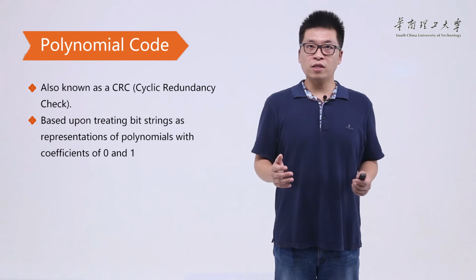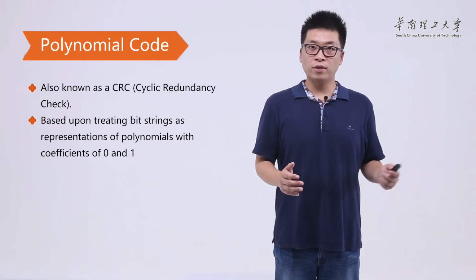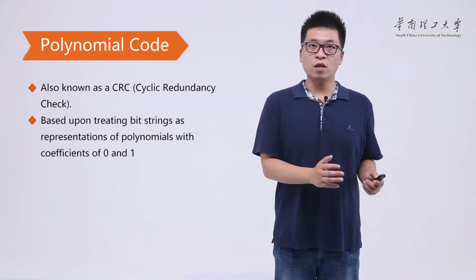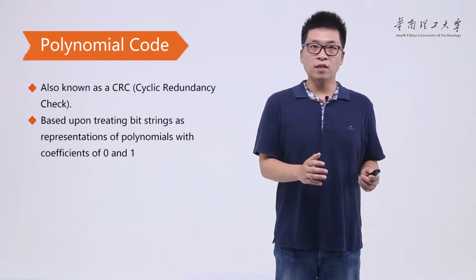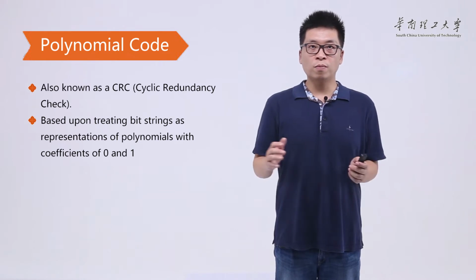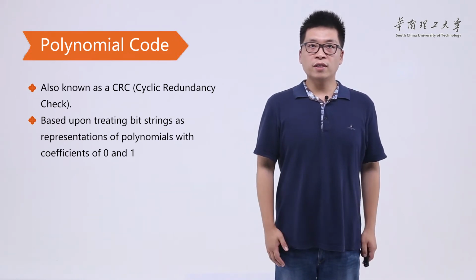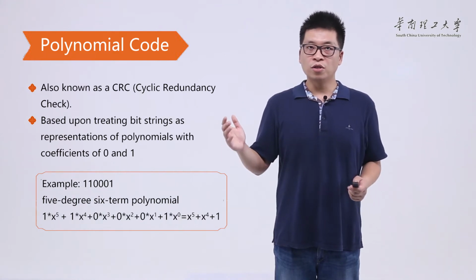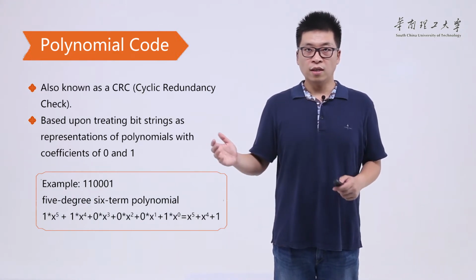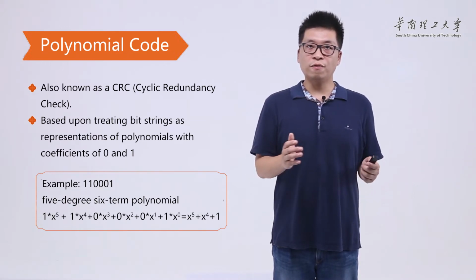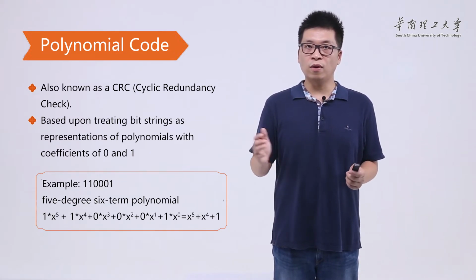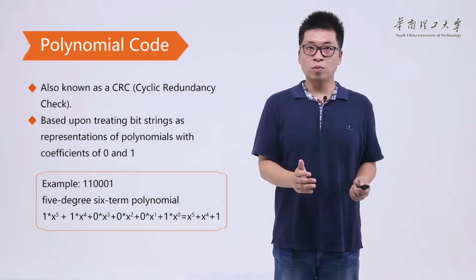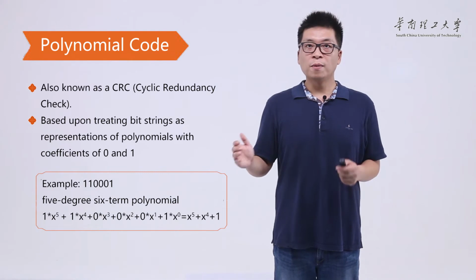Based upon treating bit streams as representations of polynomials with coefficients of 0 and 1, we can convert any bit stream to a polynomial. For example, we have a bit stream 1, 1, 0, 0, 0, 1. It can be converted to a 5-degree, 6-term polynomial, that is 1 times x power 5 plus 1 times x power 4 plus 1.